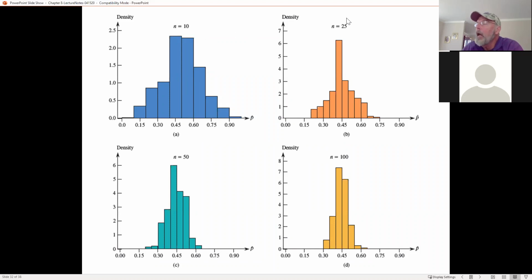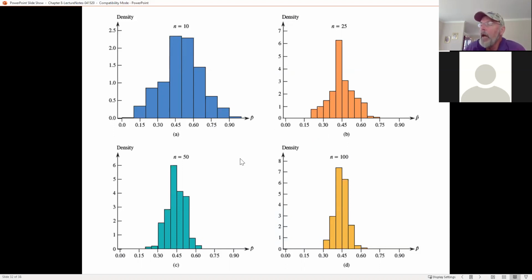Sample size of 10, and we're going to look at 25, and we can see that again we have this center right over 0.43 or 0.4, and it is a symmetrical distribution, I would say, and it's more narrow in its variability than the histogram for sample size of 10.